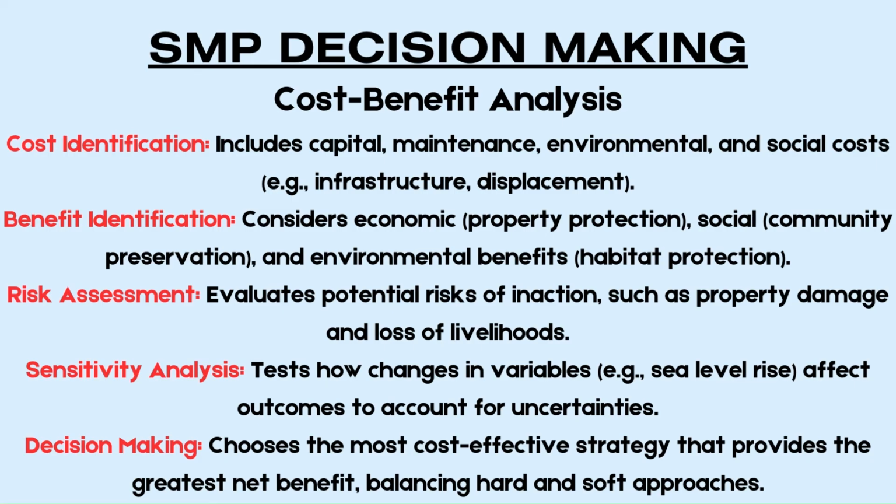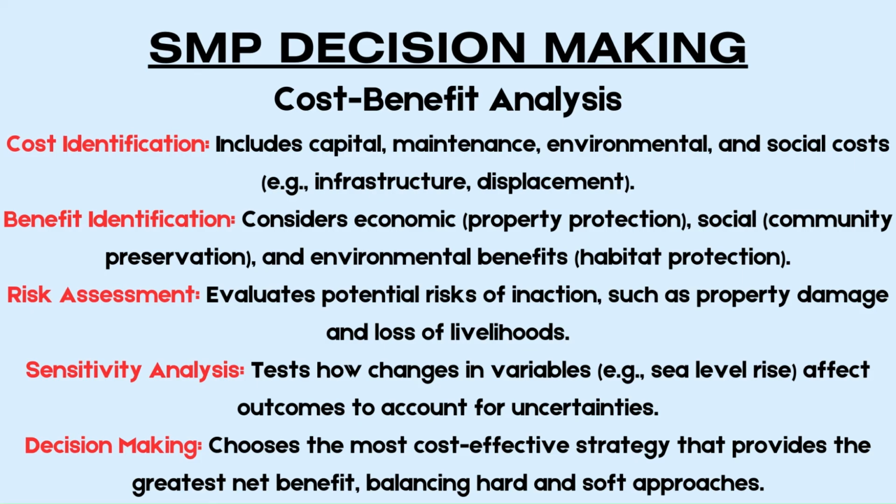Risk assessment is then carried out to evaluate the potential consequences of taking no action. These risks might include damage to homes and infrastructure, loss of livelihoods, or increased vulnerability to storm events and sea level rise. A sensitivity analysis is used to test how different variables, such as changes in sea level, storm frequency, or population growth, could affect the outcome of a strategy.